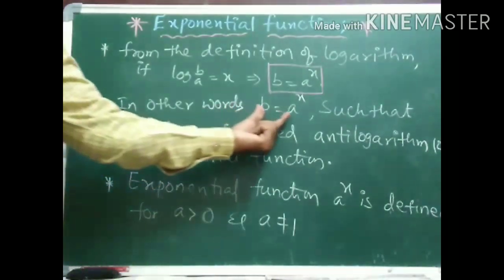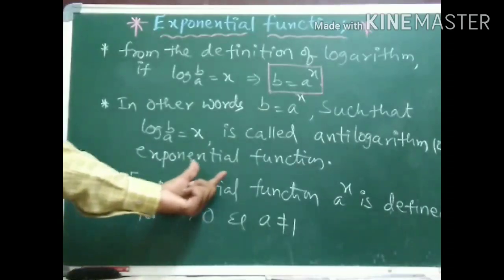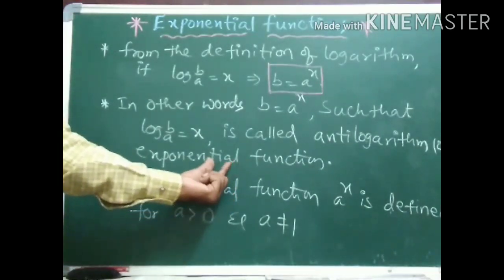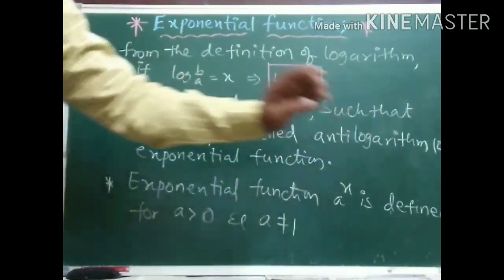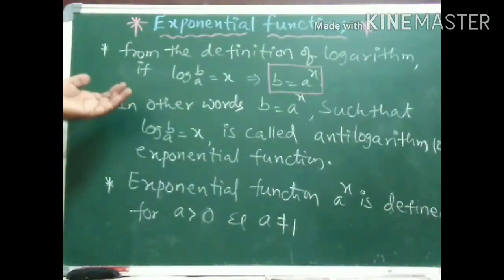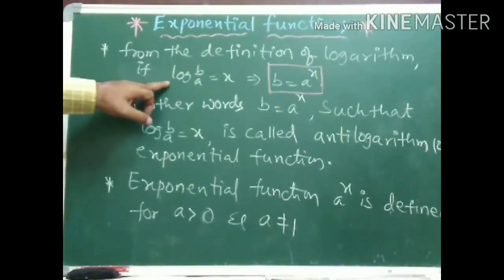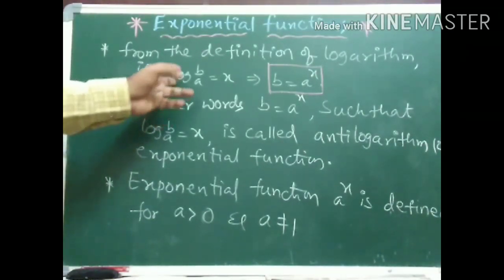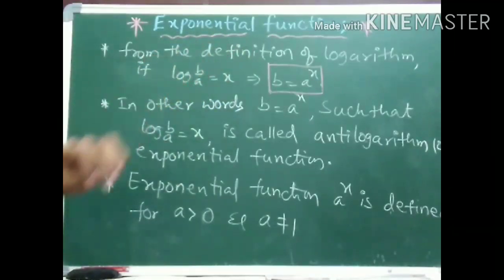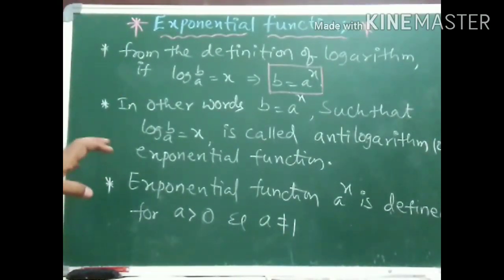So this b is equal to a power x is not only exponential form, it is also called anti-logarithm, isn't it? Since we are defining the exponential function by the definition of a logarithm, that is one way a reverse form, isn't it? So that's why one way exponential form is also called anti-logarithm form.